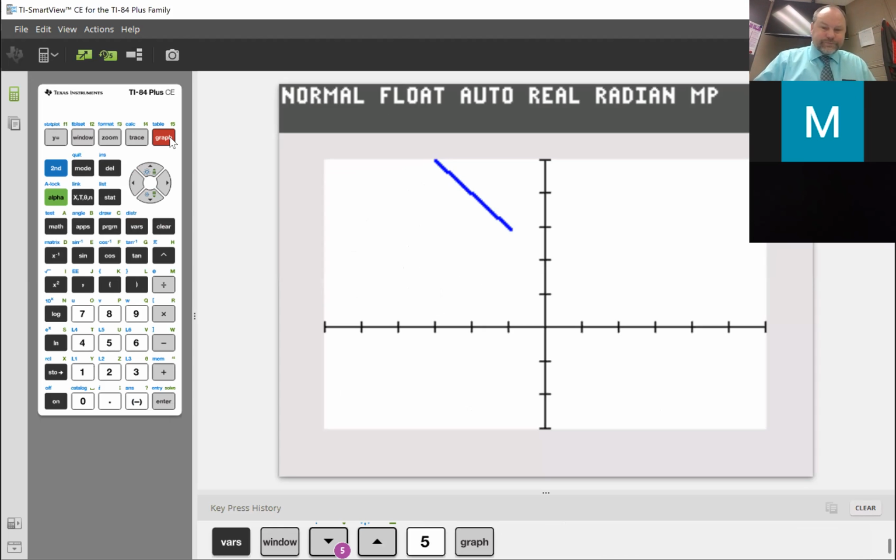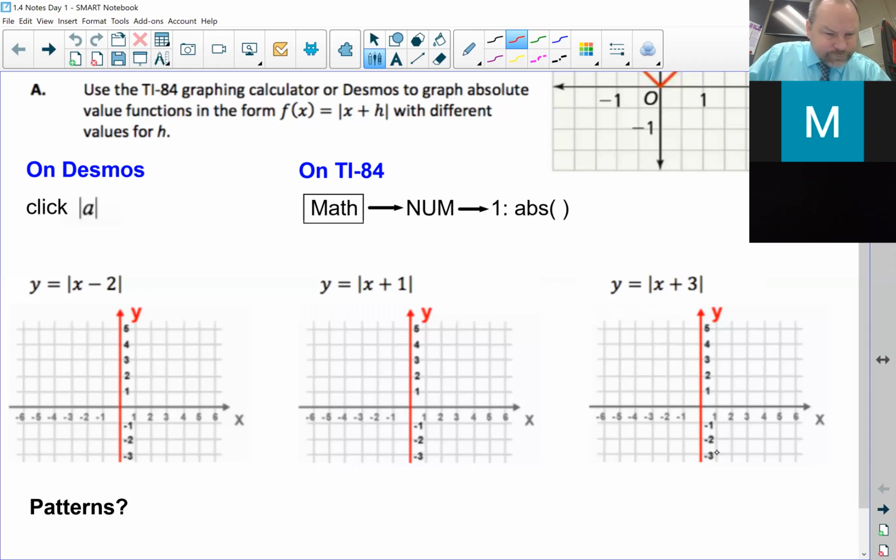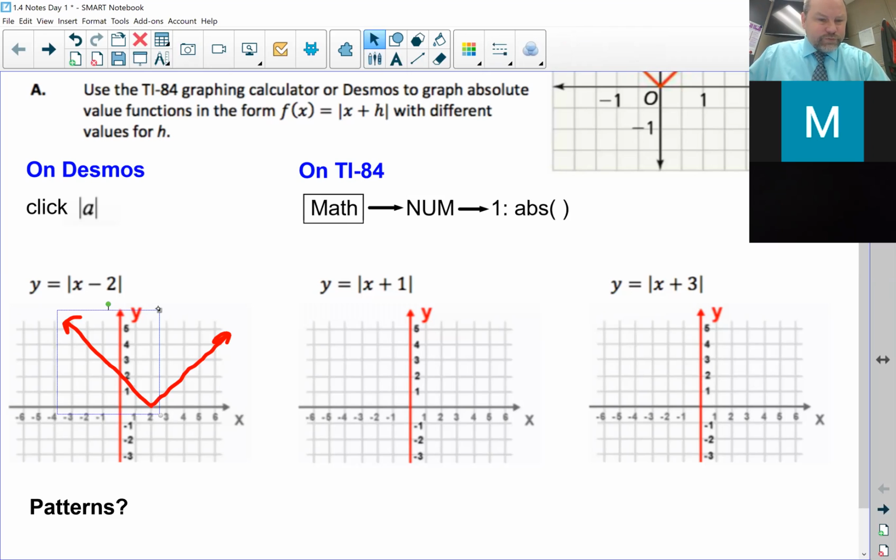And I'm going to graph. So we should jot that graph in our notes. I actually changed my graph so that it's blue.